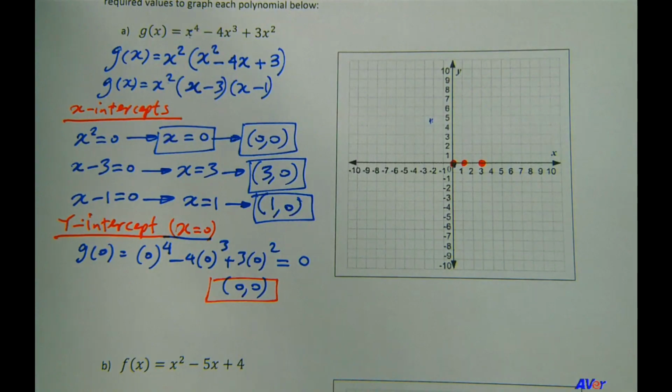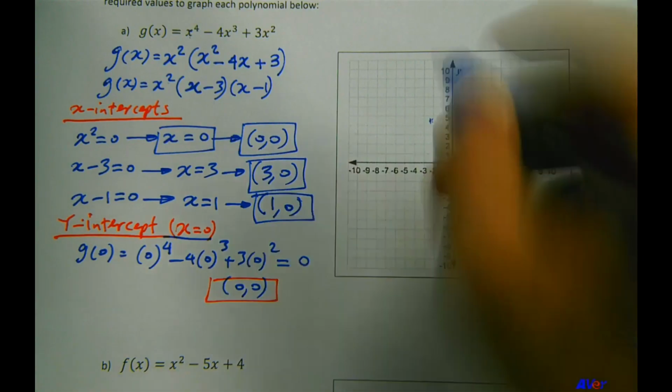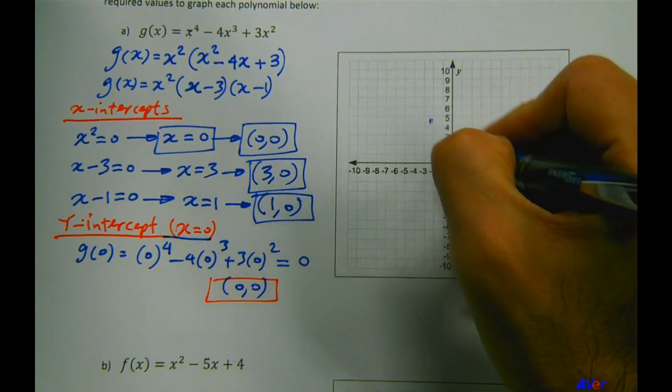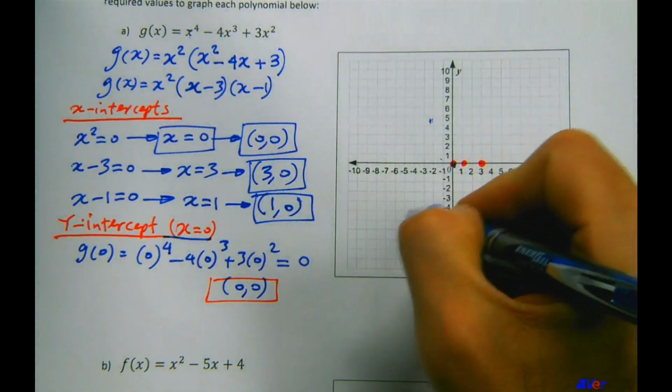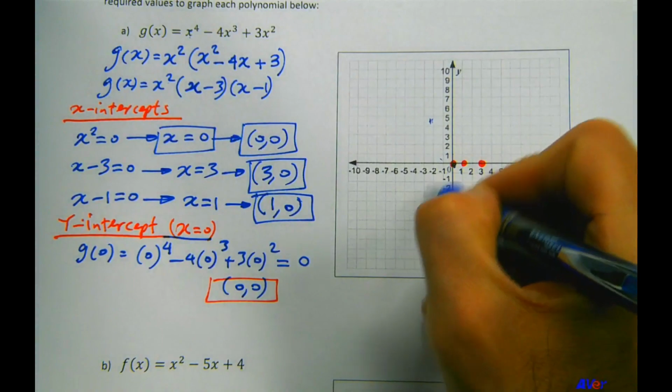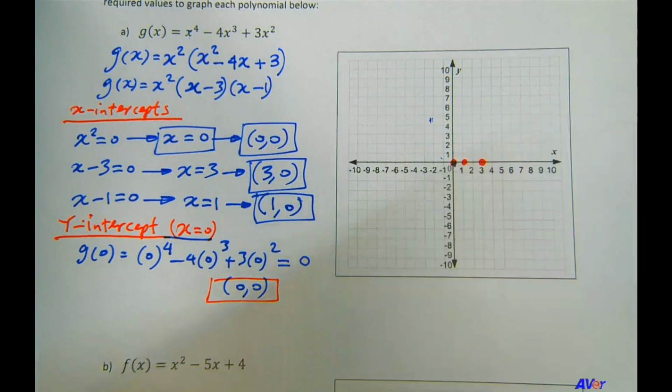What we're looking for is the algebraic sign of the function value at x equals -2. So let's find that out. Because if it is positive, then the line must be coming from above the x-axis. If the function value at -2 is negative, then the line must be coming from below the x-axis. Okay?